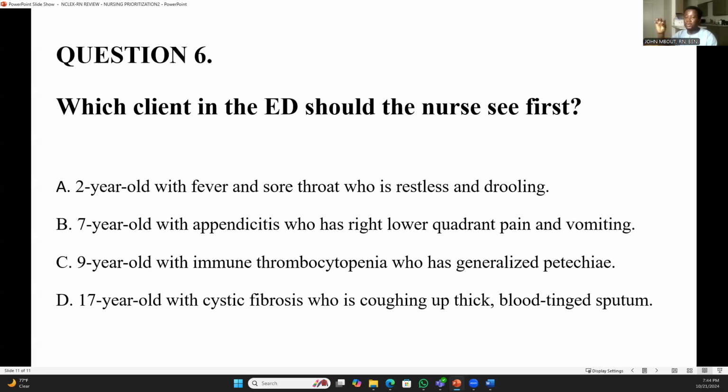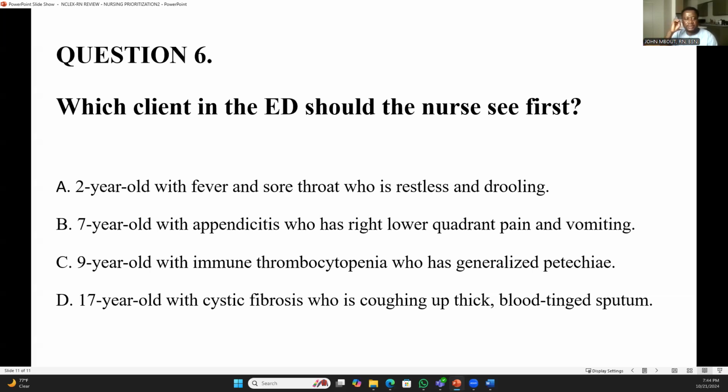This is a condition of acute epiglottitis. This client has airway compromise. The airway is obstructed. It is a medical emergency. You have to attend to this client first.